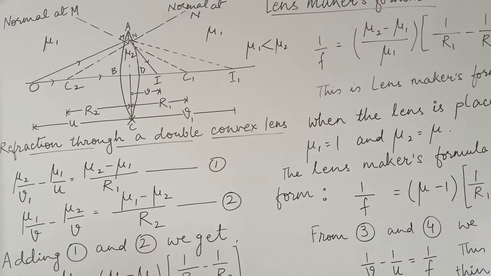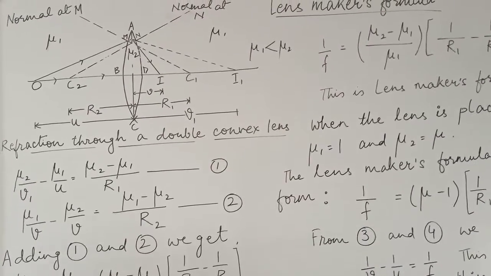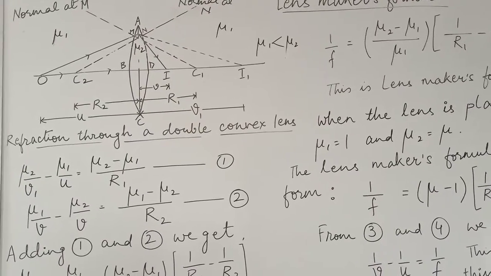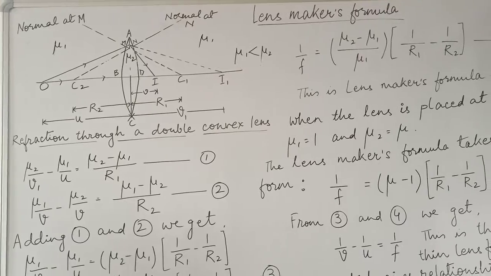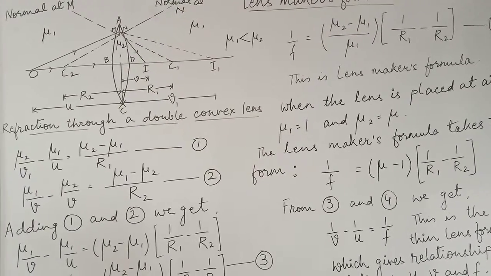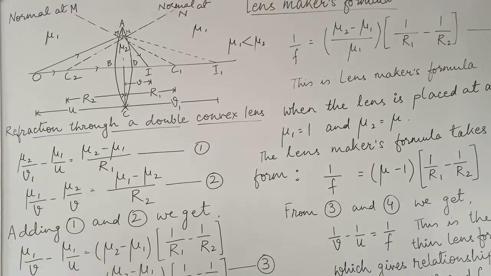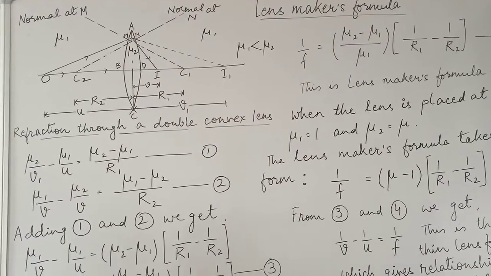It is so called because it is used by manufacturers to design lenses of required focal length from a glass of given refractive index. Now see here some assumptions we follow.